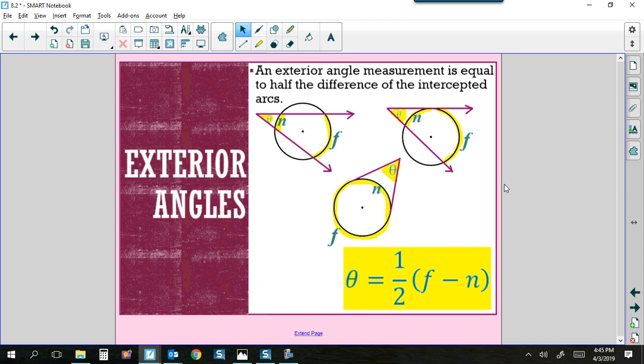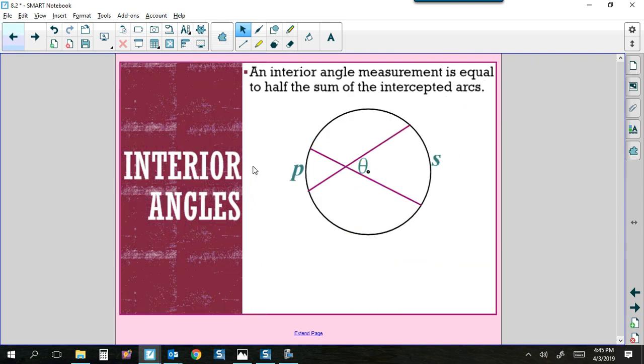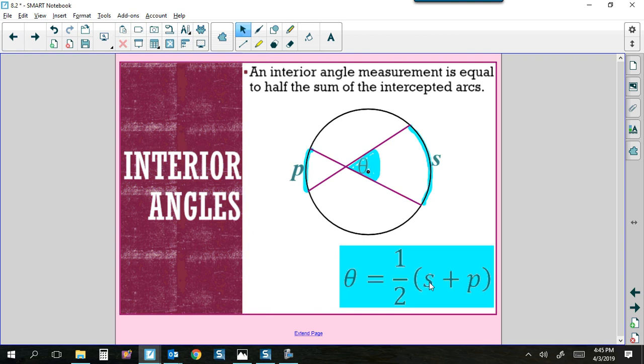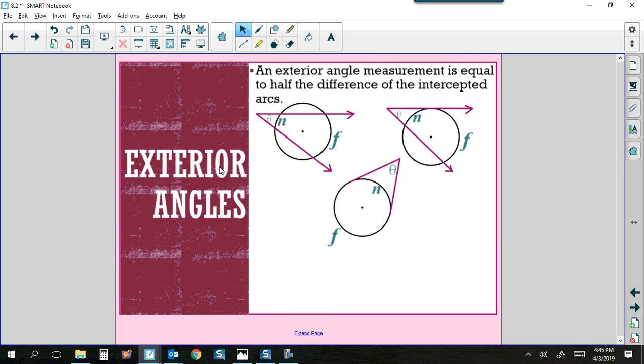And you can actually do this on the interior formula as well, because with addition, order doesn't matter. So for your interior angles, you could still say that theta equals one half the big arc plus the small arc. That is perfectly fine. Yes.